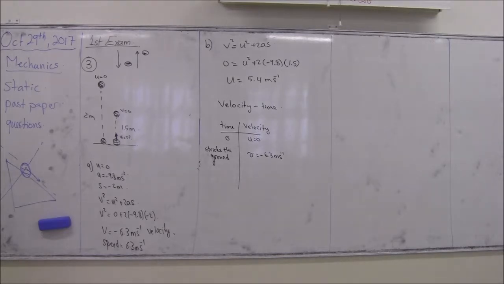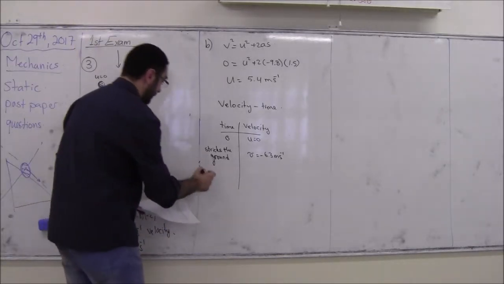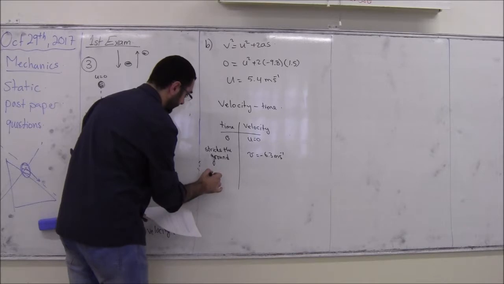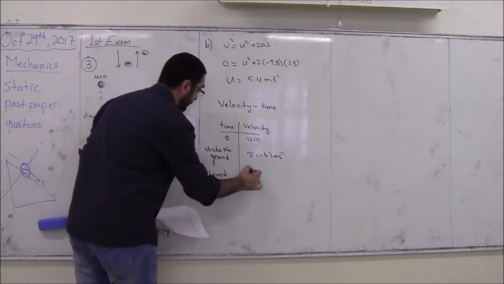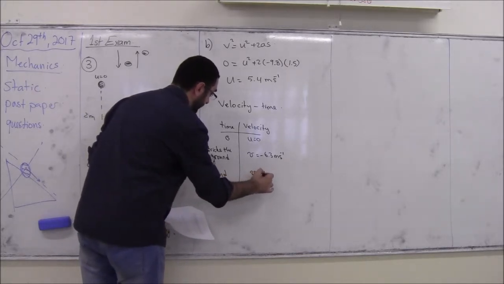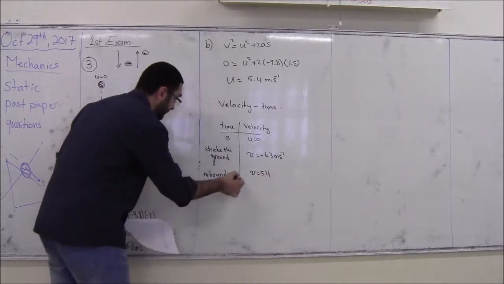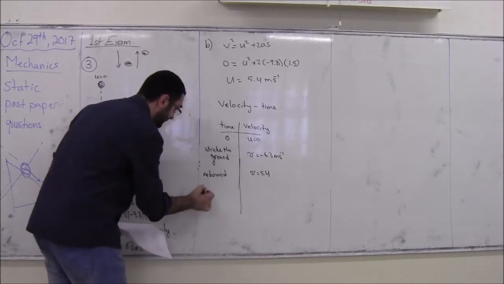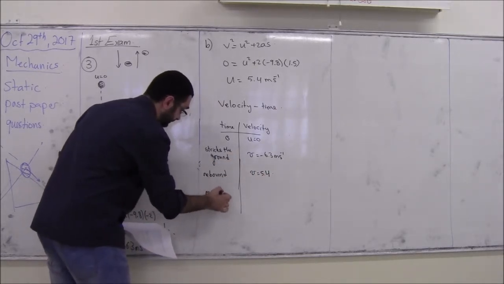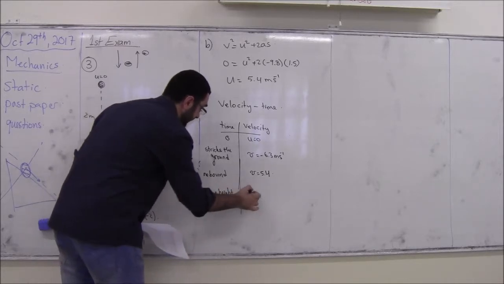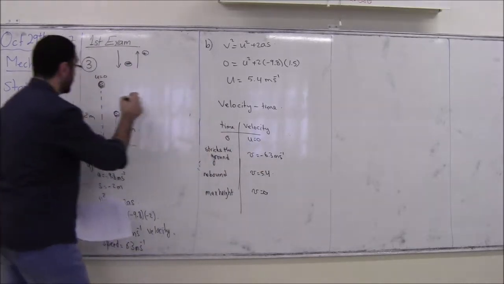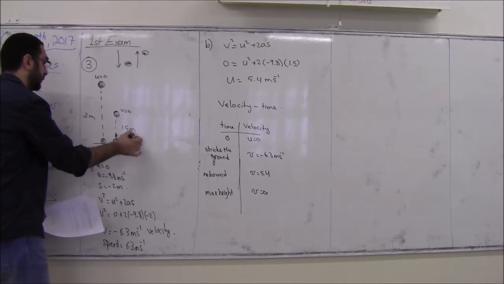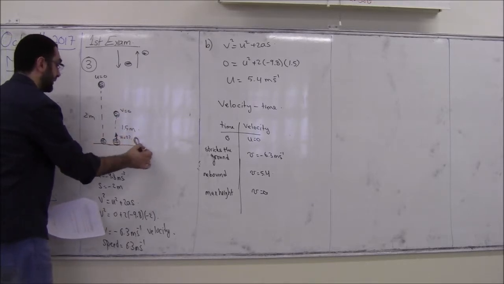Then it rebounds with velocity 5.4. At maximum height, V is 0. When this ball returns again to the ground, it will have the same velocity, minus 5.4.